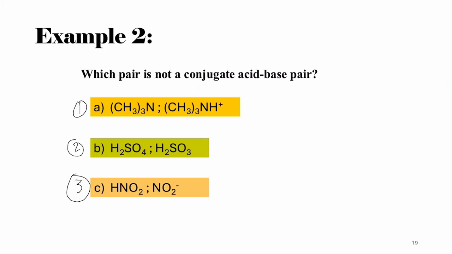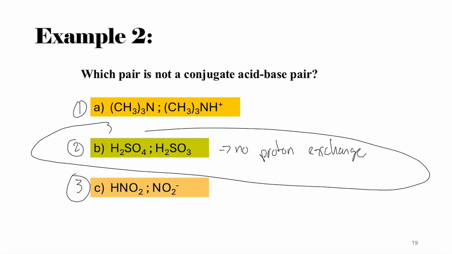The charge doesn't change. That's one thing that indicates to us. The charge probably would change for this, but because here we're not losing a proton at all, right? We're changing the number of oxygens. The oxygens aren't donated or accepted in any definition of acids or bases, right? There's no proton exchange here, so this would not be considered a conjugate pair, right?